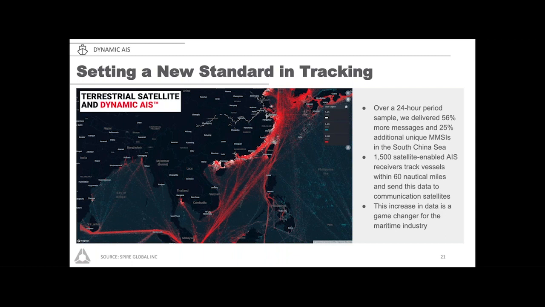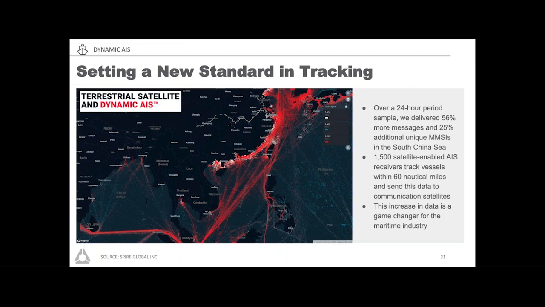And I should point out too that in this graph, the red is messages collected from dynamic, the white is messages collected from terrestrial receivers, and the blue is satellite. So you can see to the right, in the Philippine Sea where there's a little bit less traffic, satellite is still very, very good at capturing more spread out vessels, and you can see little clusters of where fishing operations are happening.